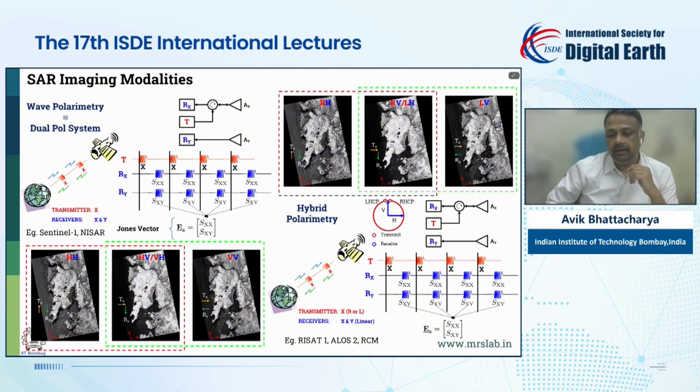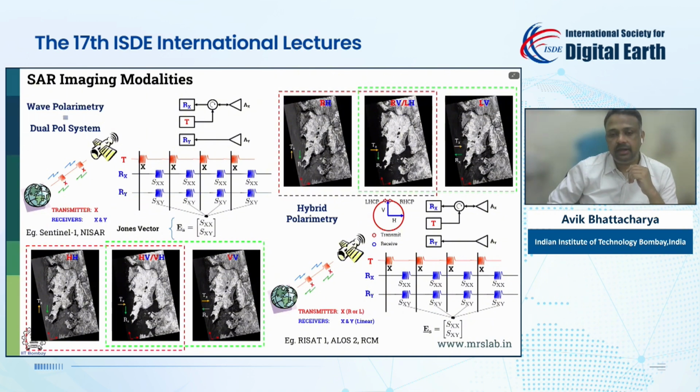In this case, you can have RH, RV, or LH modes. This is there in the RISAT satellite from India, the ALOS-2 from Japan, and RCM from Canada. These are the different modalities of datasets which are available or will be available in the future.